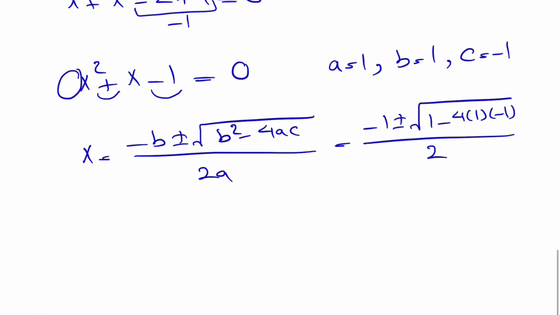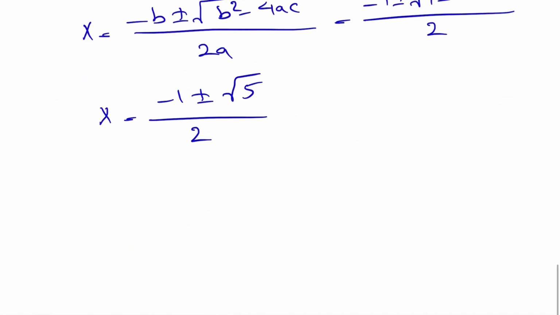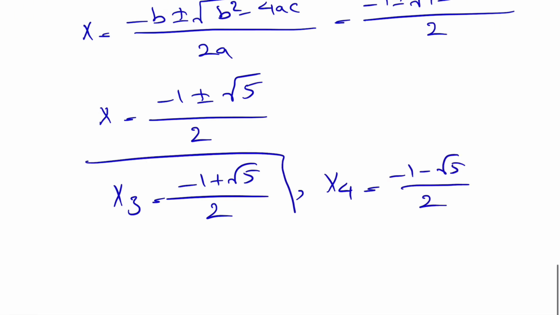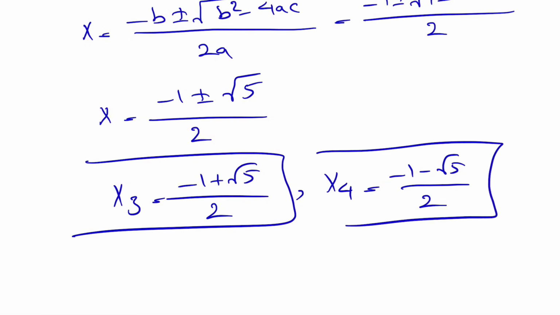And if we look at this, we'll see our x will be minus 1 plus or minus, under the square root we have 1 plus 4, so 5, over 2, and that's going to give us two more answers. The third answer is minus 1 plus the square root of 5 over 2, and the fourth answer would be minus 1 minus the square root of 5 over 2. So 4 answers in total.